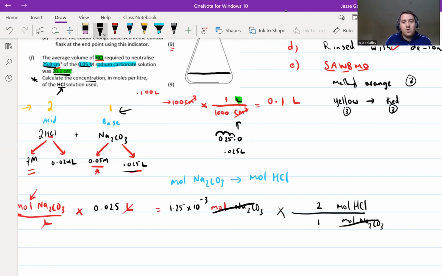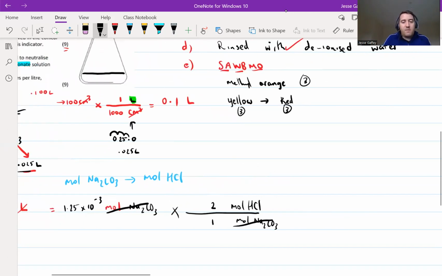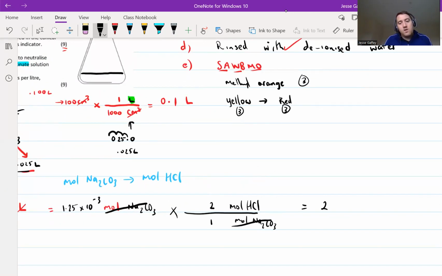So 1 to 2. That means I need to double my number of moles, so times by 2. That gives me 2.5 × 10^-3. And what's the units? It's the only unit I'm left with: moles of HCl.